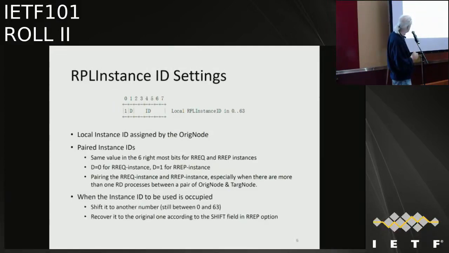And second of all, if the route reply instance ID is already in use by the target, then there's another field called shift that basically says, okay, that one was already in use, but you can get the instance ID by shifting it to another number. So I think this is pretty intuitive and it'll probably work, but we definitely would like to get more eyes on that.